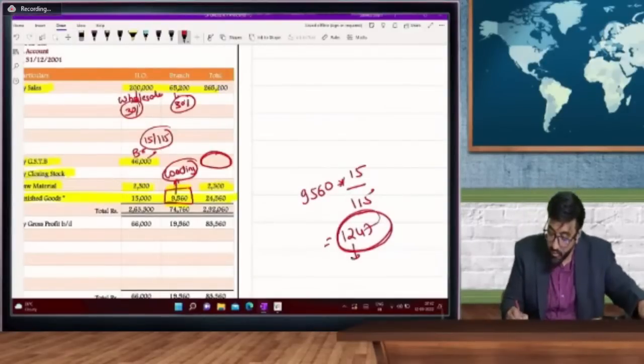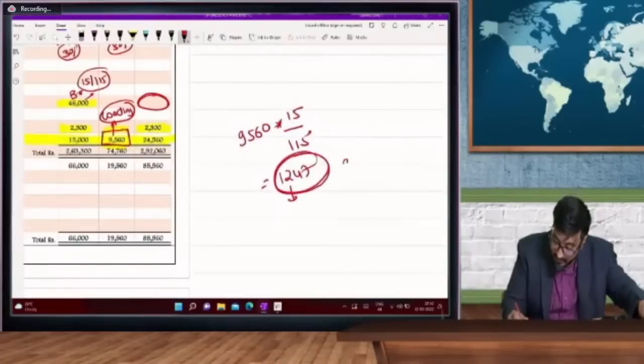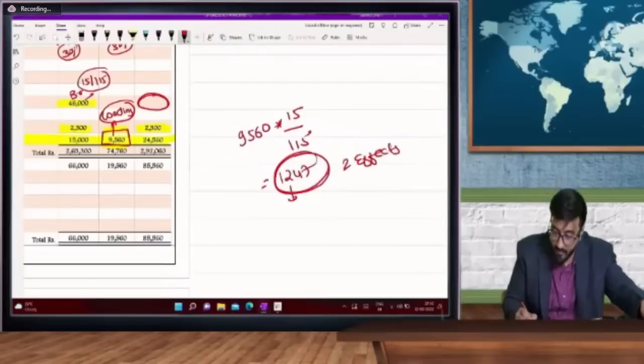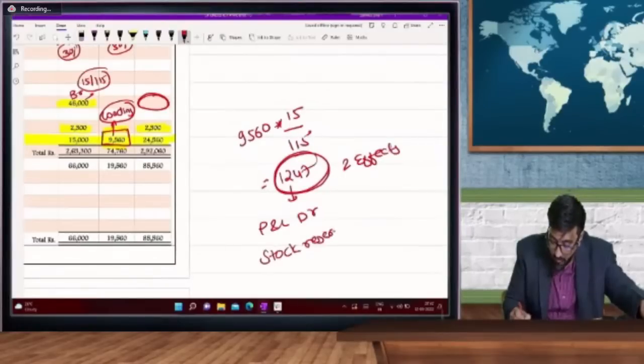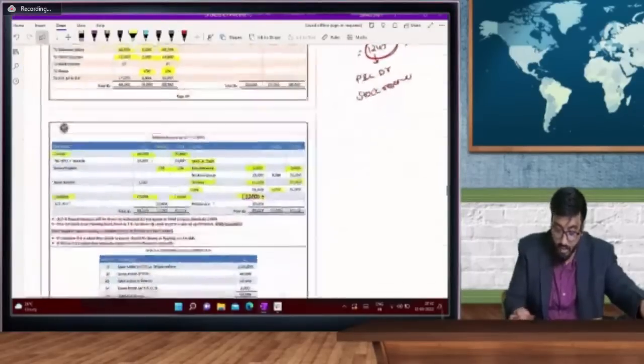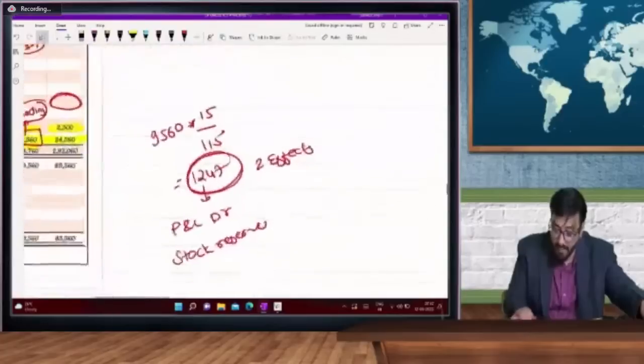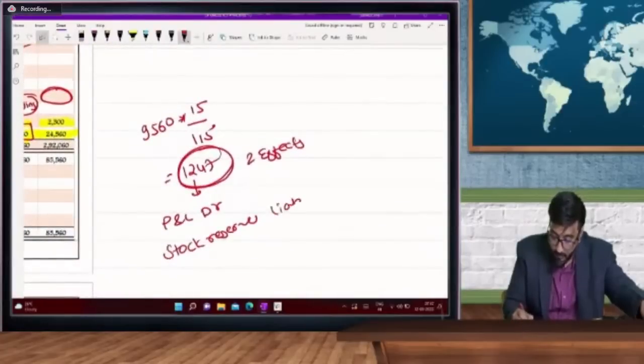And where to give these effects? It has two effects. 1247. One is P&L debit, and second one stock reserve. Stock reserve on liability side. Where to consider this?